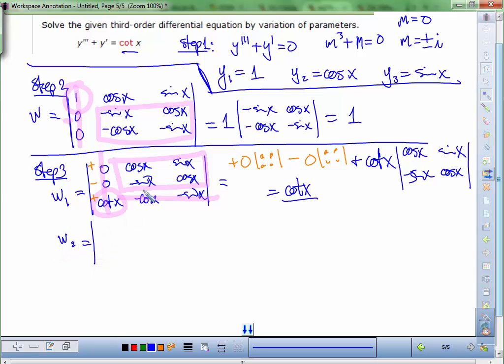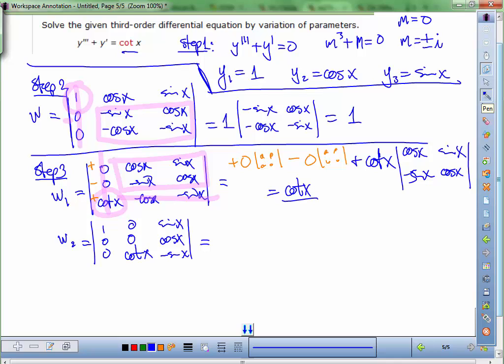So for W2, the first one stays the same. Now the second column, since we're talking about the 2, will be 0, 0, cotangent. And the last column will be sine, cosine, and minus sine. Now here, since I have a bunch of options to take, let me select a weird one.